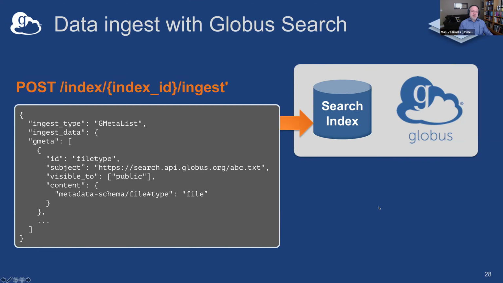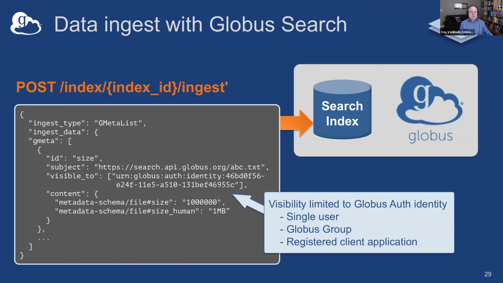Perhaps you want your administrator to see specific information about usage or whatever other parameters, and you want other folks to be able to see perhaps just the scientific attributes of the data.